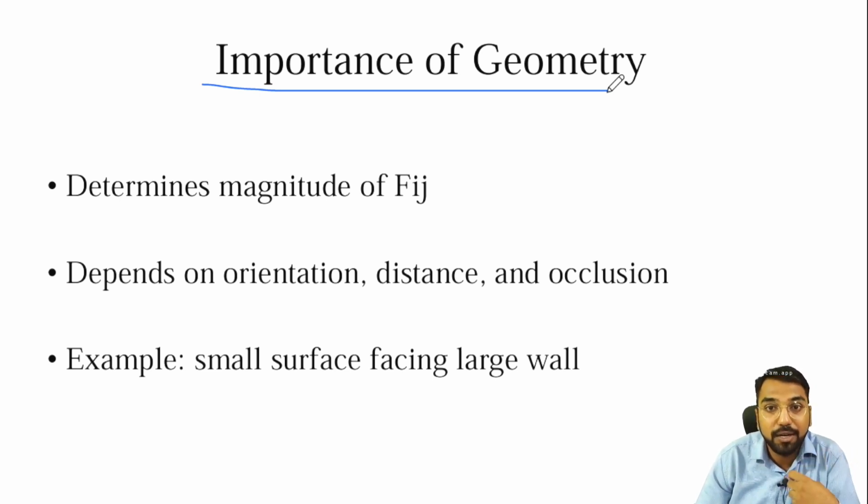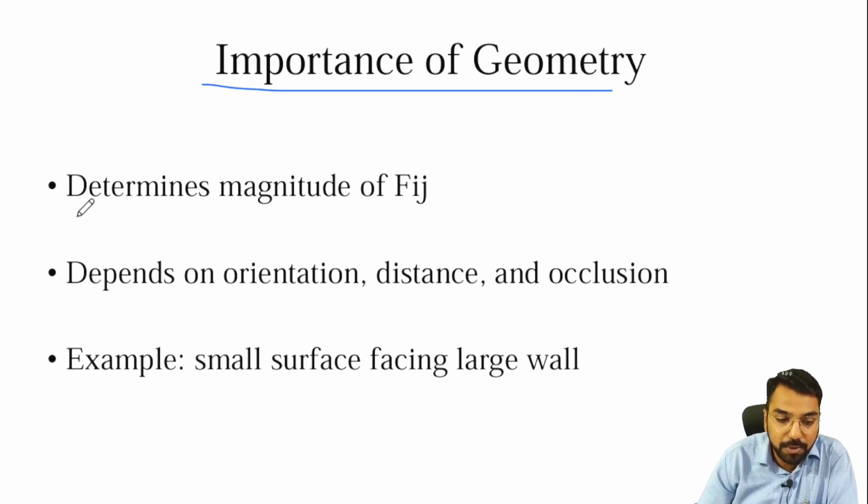We have to calculate that precisely in engineering applications, which we are going to see in the next slides. So the importance of geometry determines the magnitude of Fij. Fij means view factor, and what is a view factor?